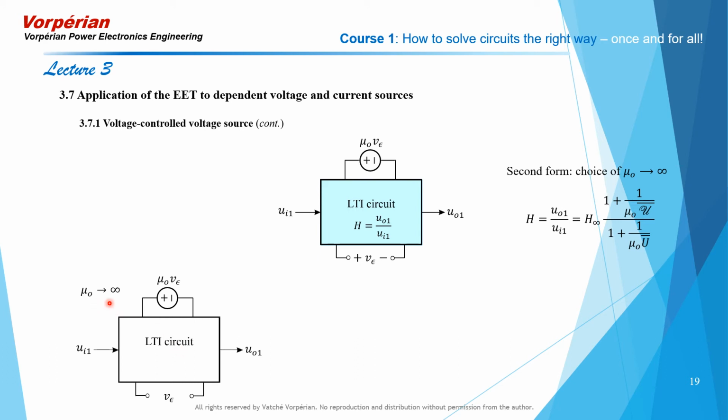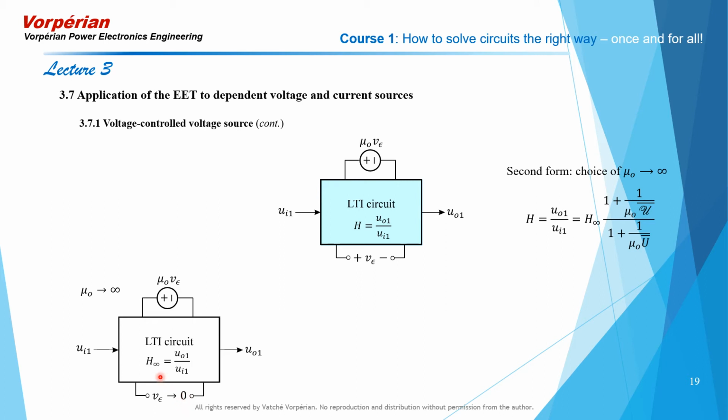We let mu0 go to infinity, and when we do that, the voltage on which this dependent voltage source depends, V epsilon, shrinks to 0. This should remind you of ideal op-amp circuits in which the differential input voltage between the inverting and non-inverting terminal of an ideal op-amp with infinite gain is 0.